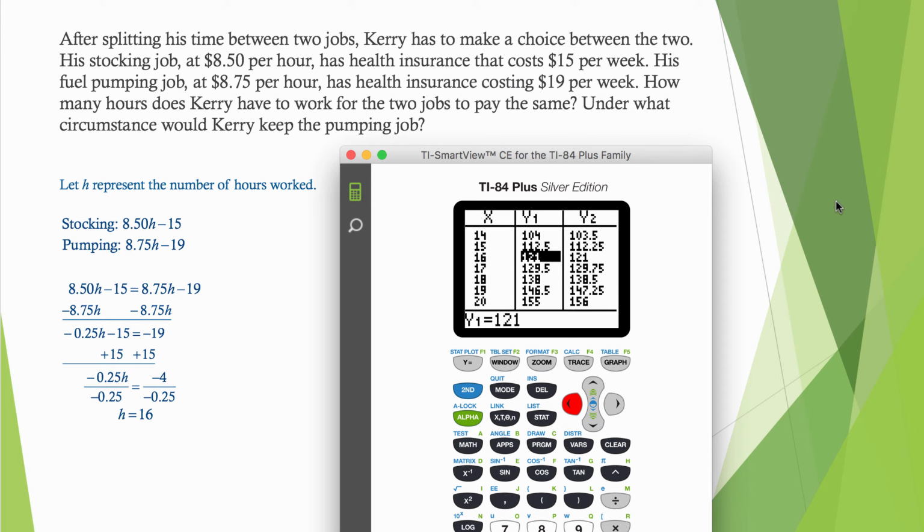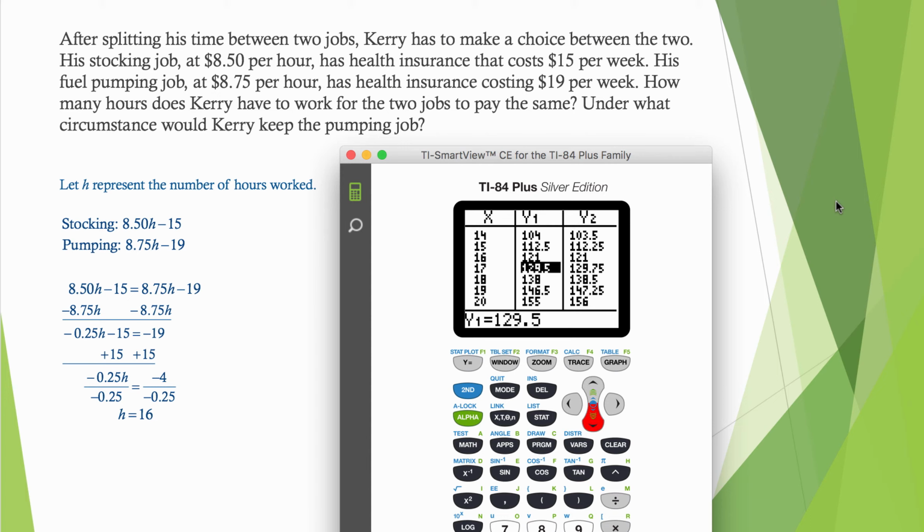If he worked less than 16 hours, we notice that the stocking job has higher values than the fuel pumping job. That has to do with the cost of the health insurance. Even though the stocking job pays less per hour, the health insurance is also less. So if he works less than 16 hours, he should keep the stocking job.